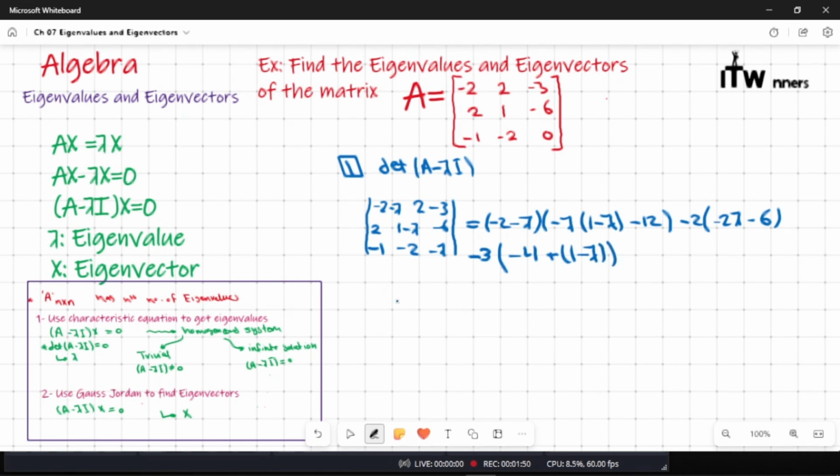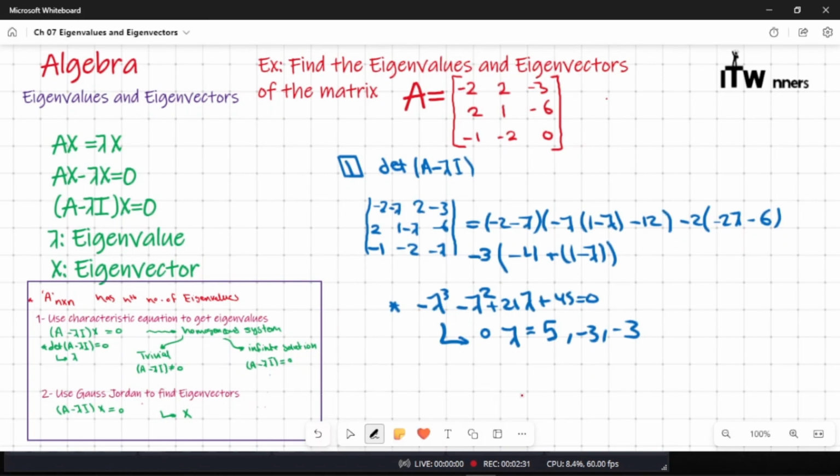Okay, so this will lead to negative lambda cubed minus lambda squared plus 21 lambda plus 45 equal to 0. From here lambda will be equal to 5, negative 3, negative 3.